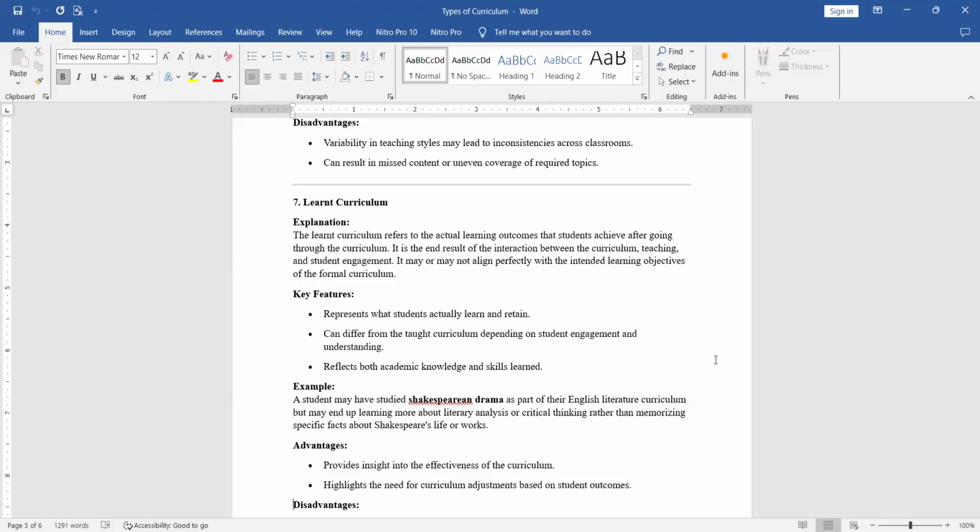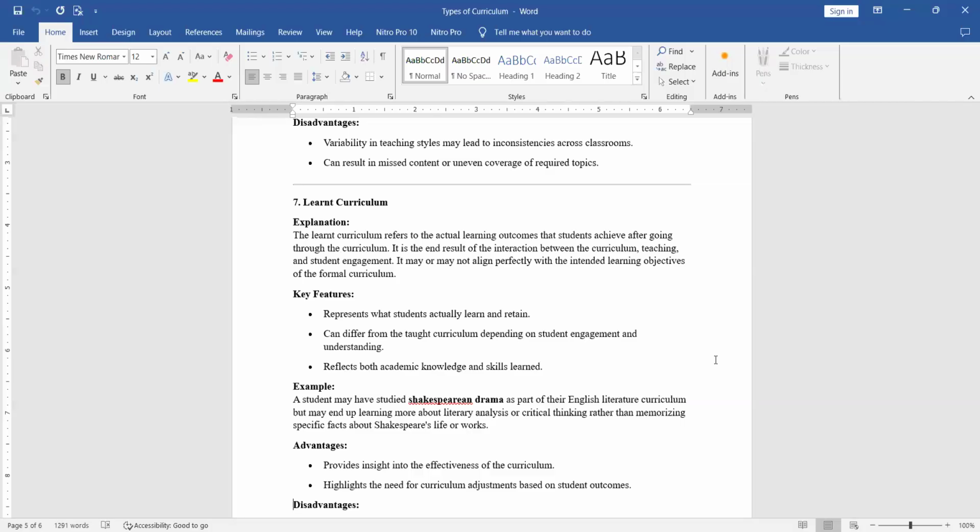It is the end result of the interaction between curriculum, teaching and student engagement. It may or may not align perfectly with the intended learning objectives of the formal curriculum, right? Key features: it represents what students actually learn and retain, and can differ from the taught curriculum depending on student engagement and understanding.